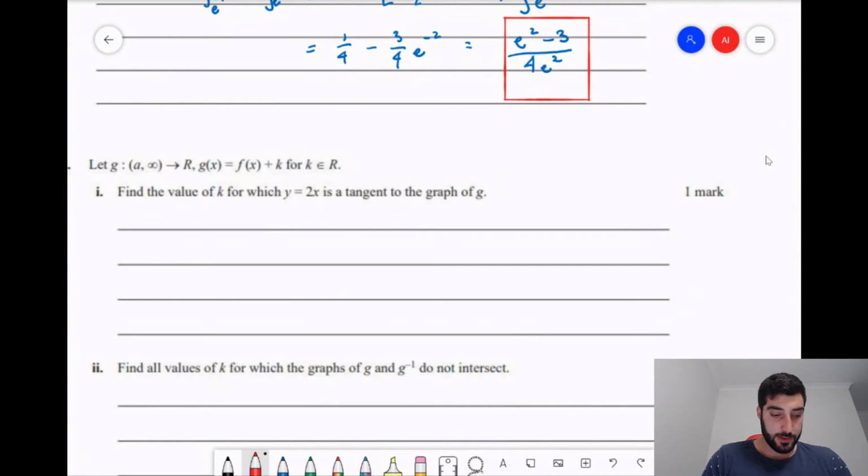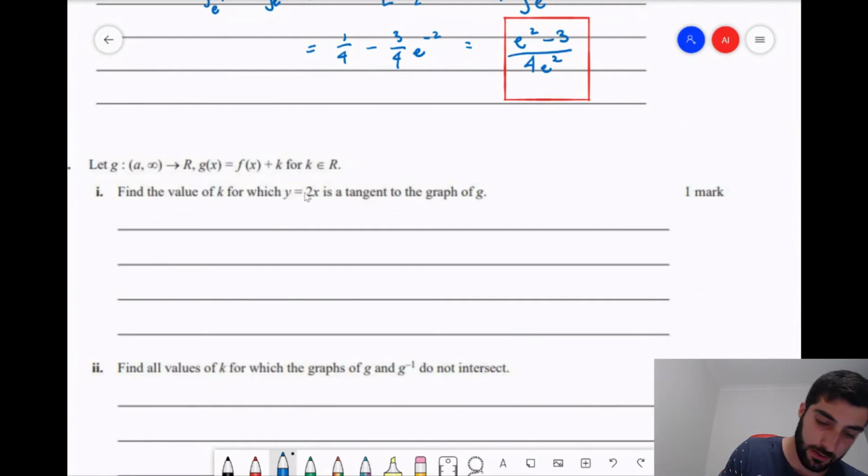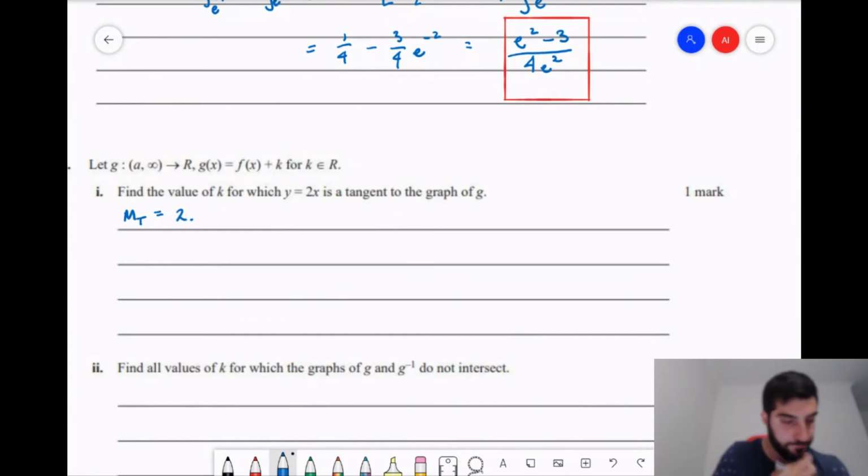So we know the gradient of the tangent, right? Because it's got the same gradient as this straight line. So gradient of tangent is just going to be equal to 2. And then we want to find out some coordinates, right? So by comparing coordinates, we can then work out what the vertical translation is. So that's coming at it from one angle.